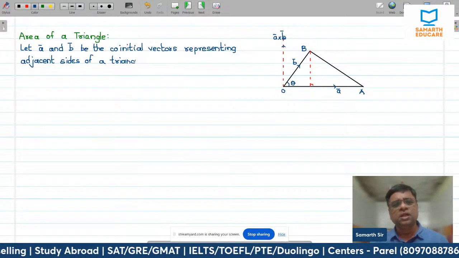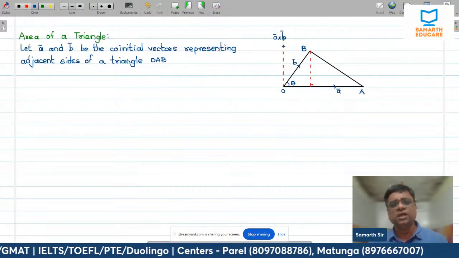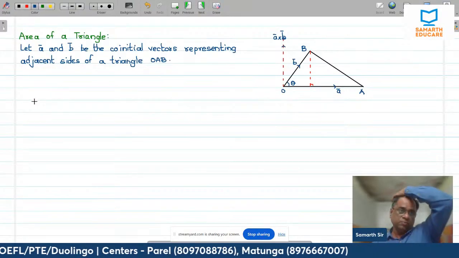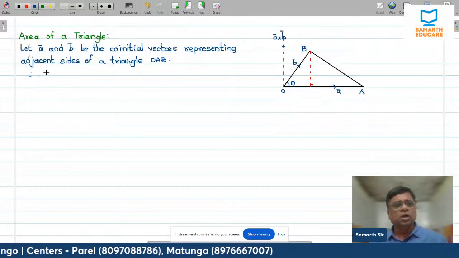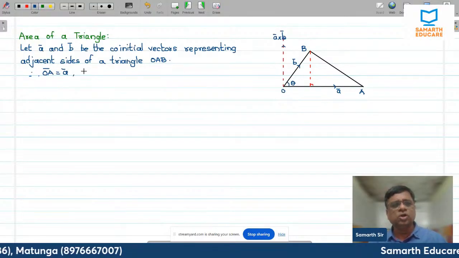We can label that triangle as OAB. The triangle's name we have given is OAB, right? Therefore, OA bar is equal to A bar and OB bar is equal to B bar.